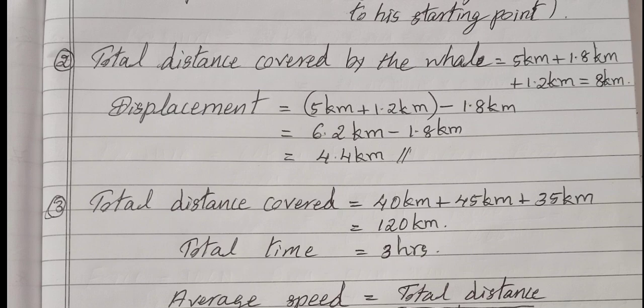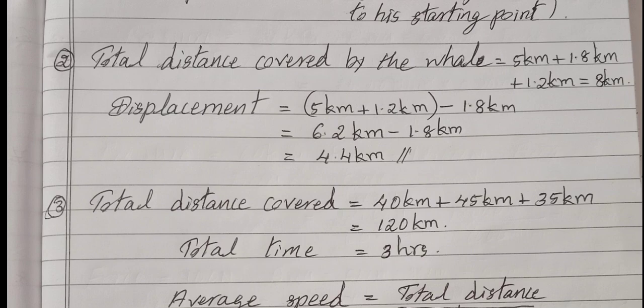Now displacement. To get the displacement, first add the due east distances, 5 kilometers plus 1.2 kilometers. Then from that subtract 1.8 kilometers. So we get 6.2 kilometers minus 1.8 kilometers equal to 4.4 kilometers.